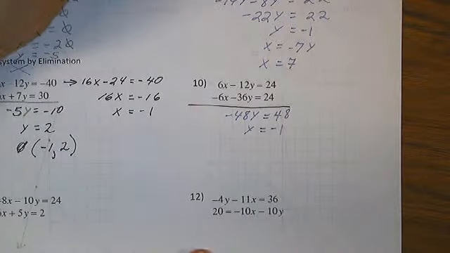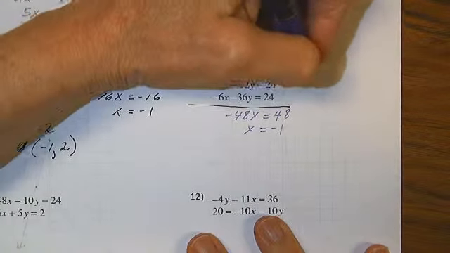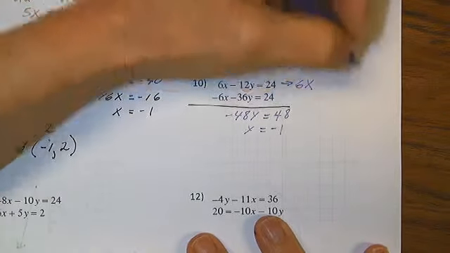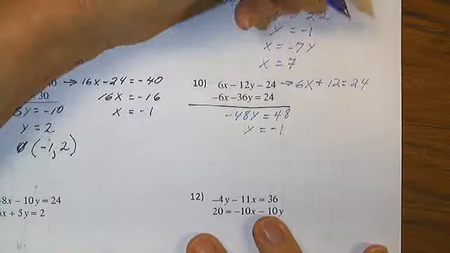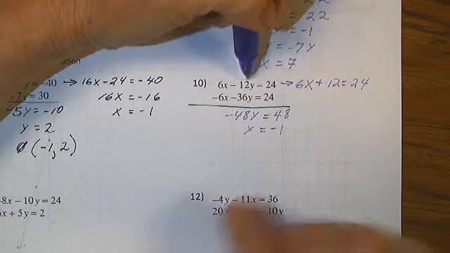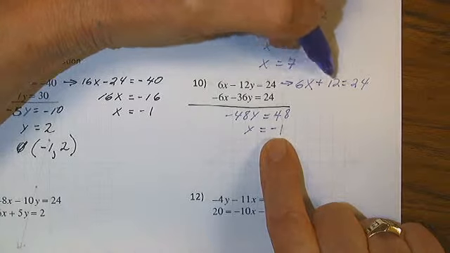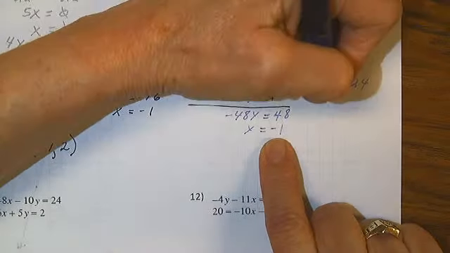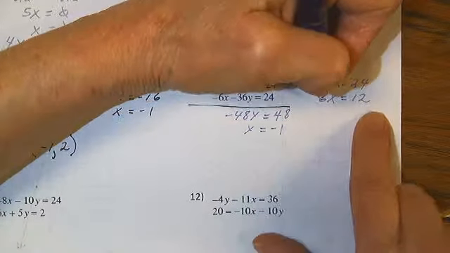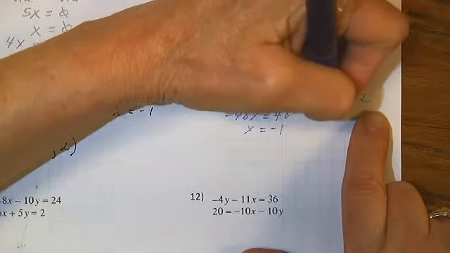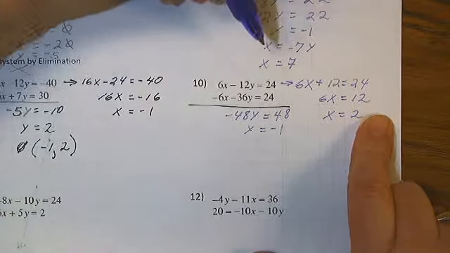Okay, if y equals negative 1, then 6x plus 12 equals 24, because minus 12 times negative 1 gives me plus 12. I subtract 12 from each side. 6x equals 12. Divide both sides by 6. x equals 2. Now let's check and see whether I'm right.